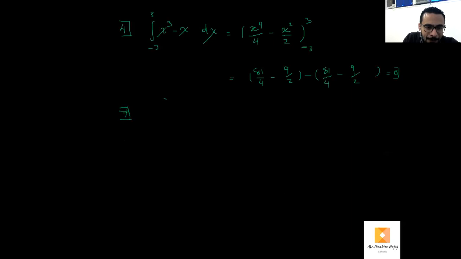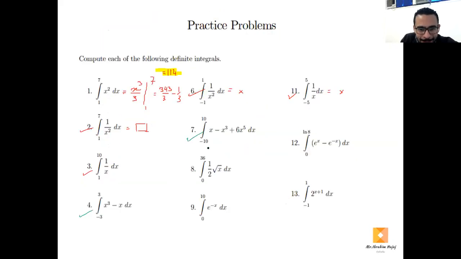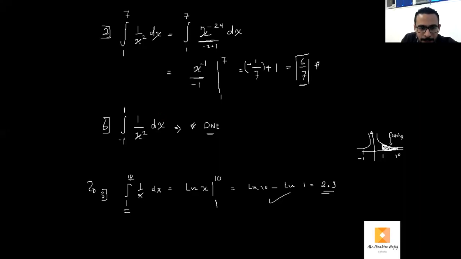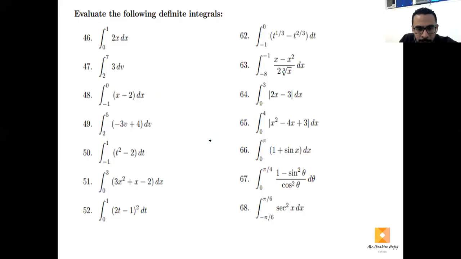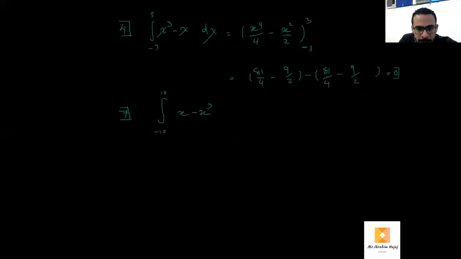Number 7, which is the integral from -10 to 10 of x minus x cubed plus 6x to the power of 5 dx. Can I try it? Yes, Omar, go ahead. I'm Rafi. Okay, Rafi.